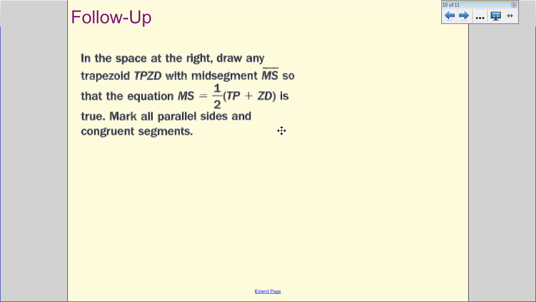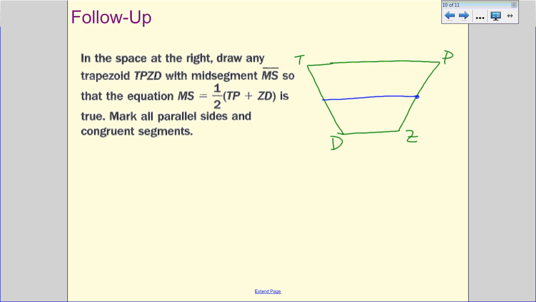All right, so our follow-up. In the space on the right, draw any trapezoid TPZD. So I'm going to draw an upside down one. All right, and we have TPZD. And we're going to draw mid-segment NS. All right, it says mark all parallel sides and all congruent segments.